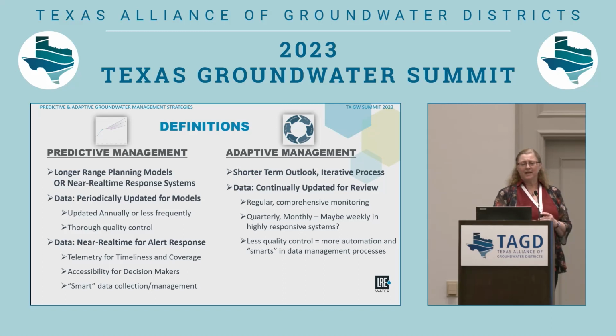Whereas the data for adaptive management might pull from both of those things, but it's more important that it be regular and comprehensive and really able to give you a picture of not only what's informing your decisions, but what might inform changes to those decisions and help you adapt and become better.